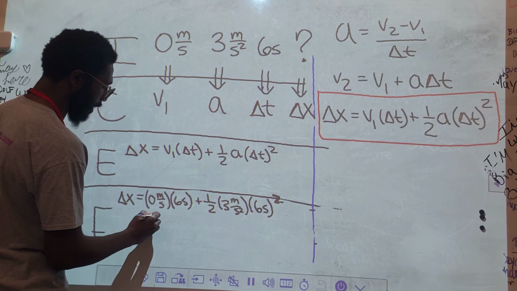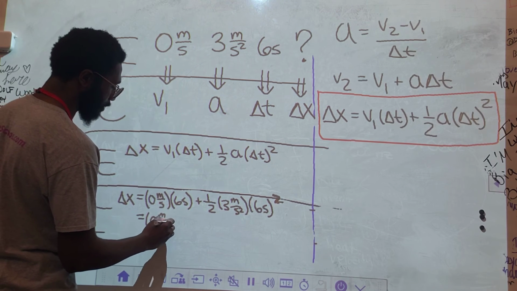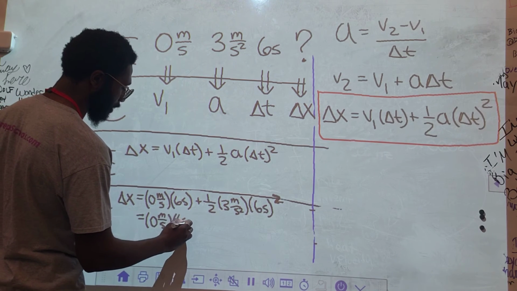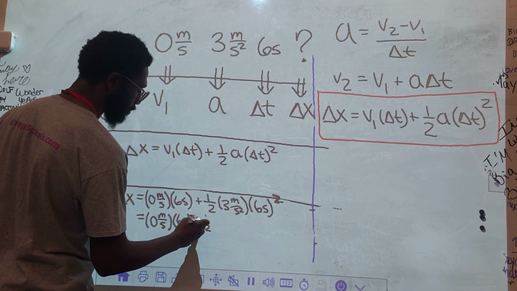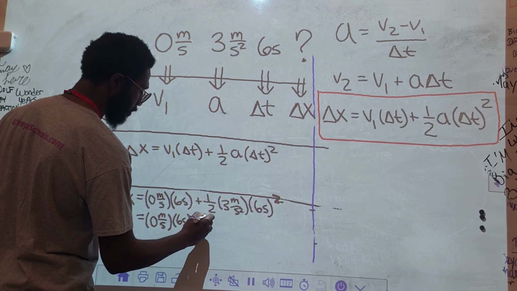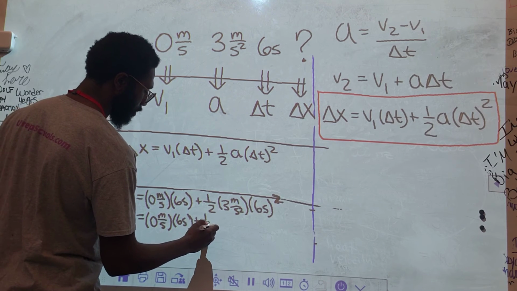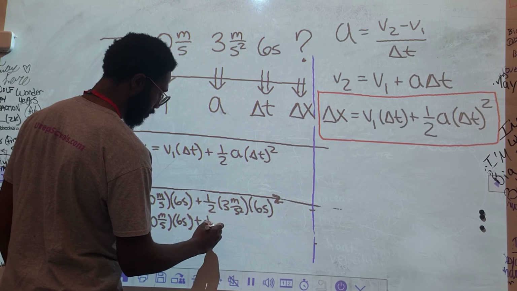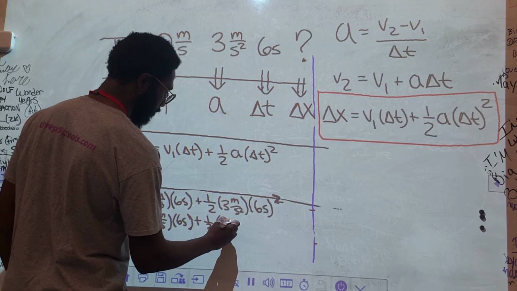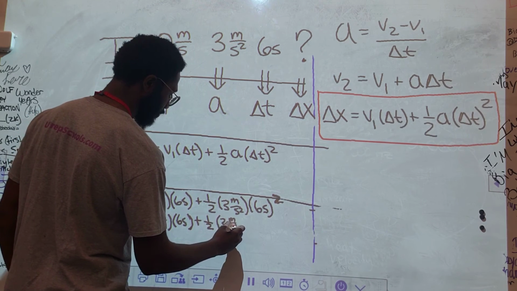So let me just rewrite everything until I get to that point. 0 meters per second times 6 seconds plus 1/2 times 3 meters per second squared.